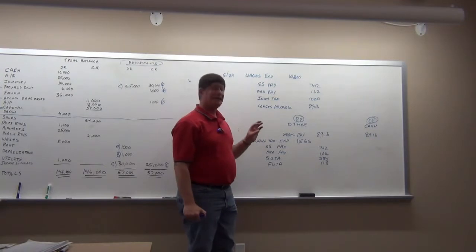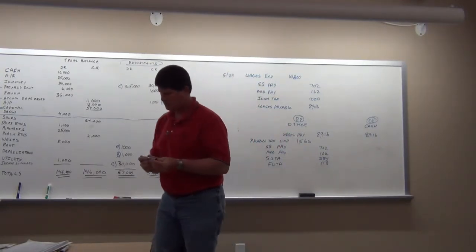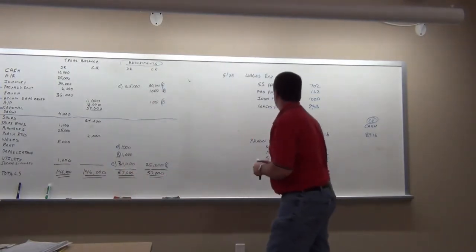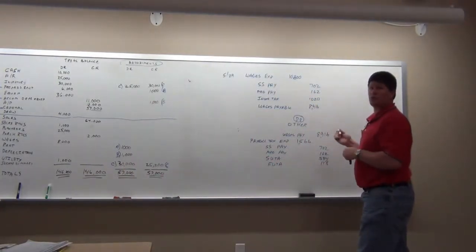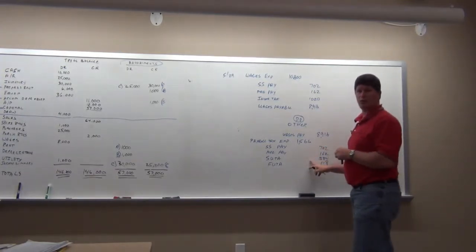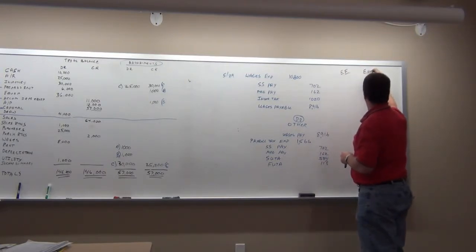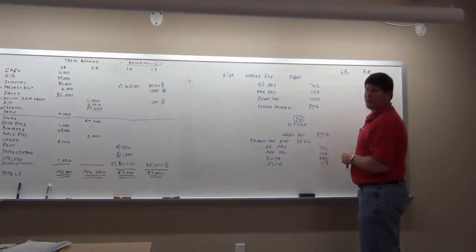Okay? And here's what's going on. We have two entries. This one records what was withheld from the employee's check, and this one is the employer's part. So you've got an employee and an employer part of the tax.